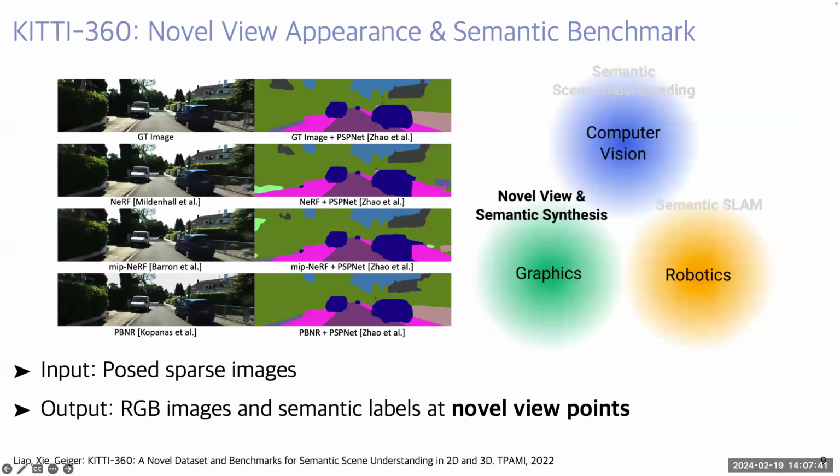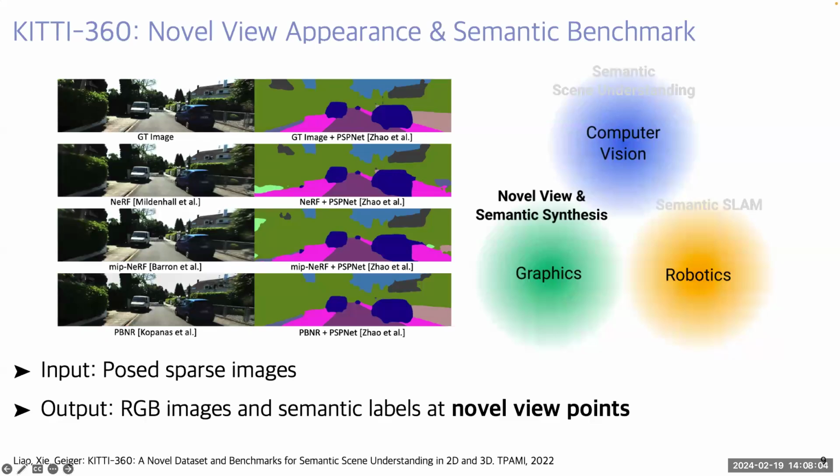In terms of benchmark, we were thinking: with this dataset with dense annotations, how can we advance the field on top of KITTI? This is one of the new benchmarks we proposed, named Novel View Appearance and Semantic Synthesis.